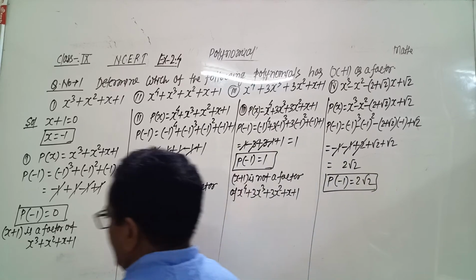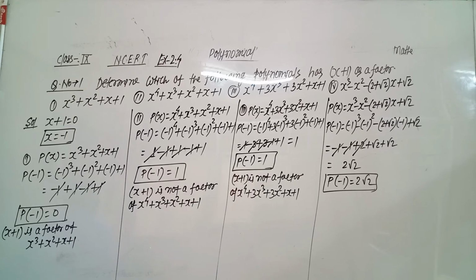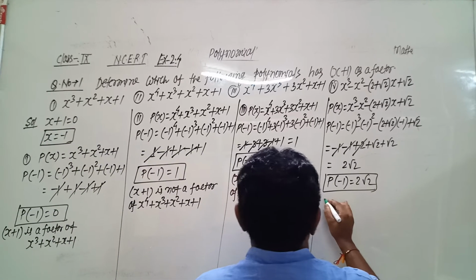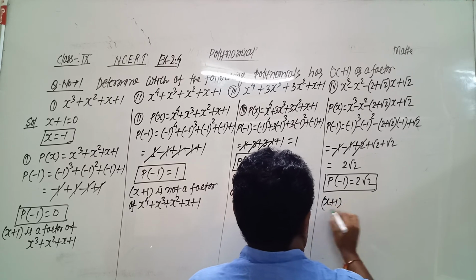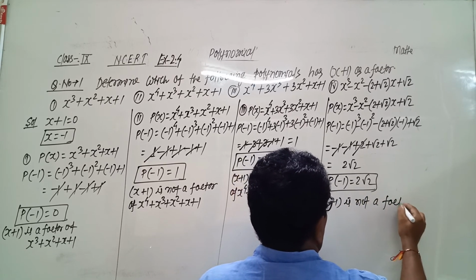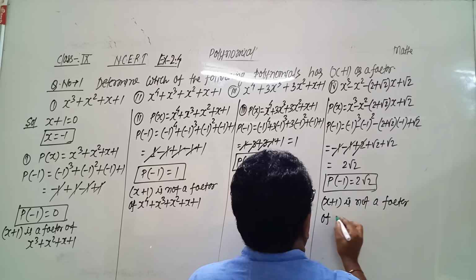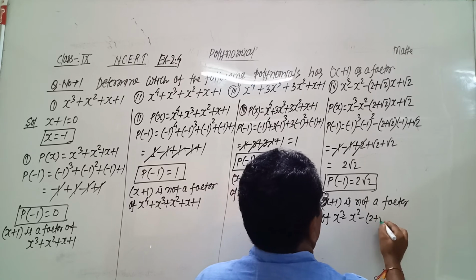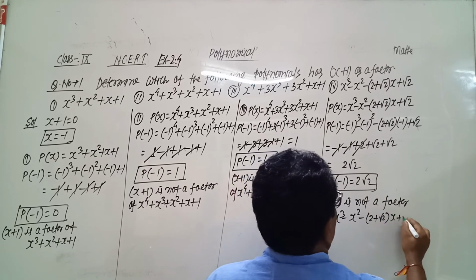Again the remainder doesn't come to be 0. So we can say that x plus 1 is not a factor of x cube minus x square minus (2 plus root 2)x plus root 2.